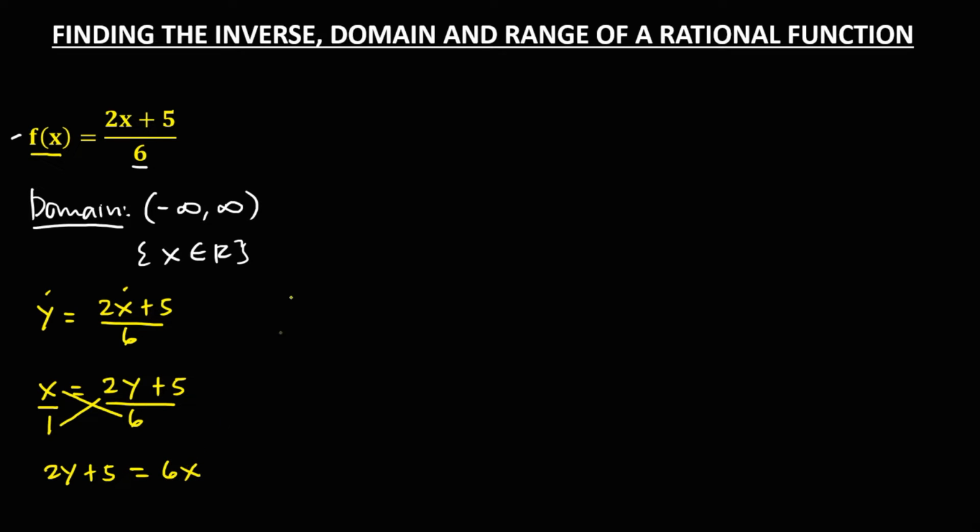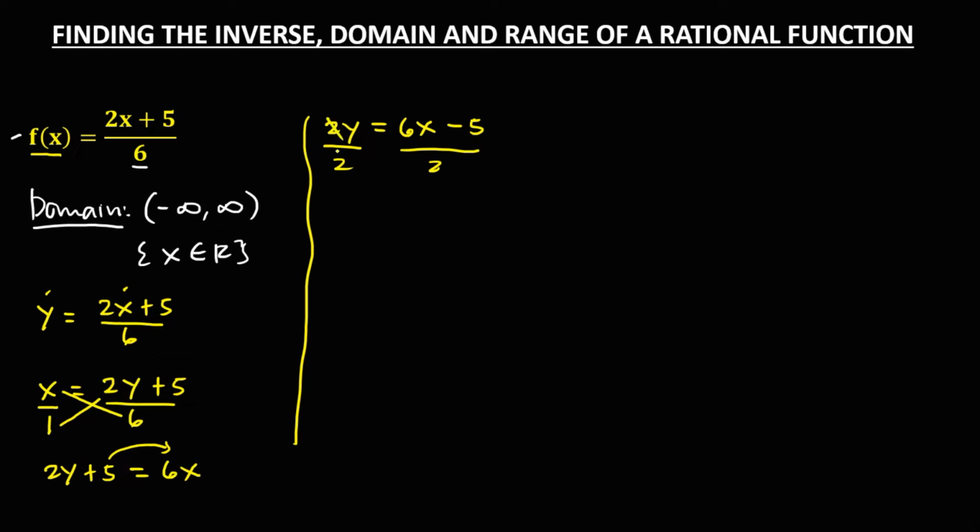That's 6x. And to solve for y, 2y equals, transpose this positive 5, so that's 6x minus 5. And to solve for y, divide both sides by 2.